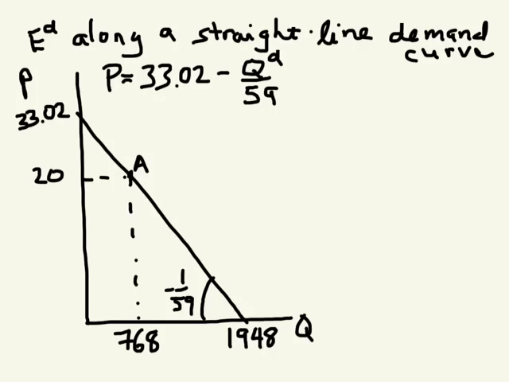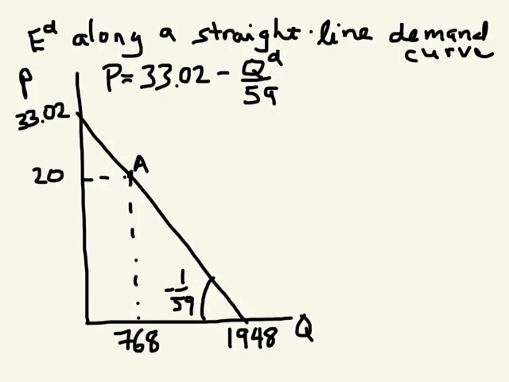I've got a straight line demand curve, and I've got this nice arrow that's the color of a green at a golf course, close anyway. Let's suppose we knew that price was $20 a round and that the quantity of rounds demanded at that price was 768. And let's suppose that point was along a line that had a slope of negative 1 over 59.